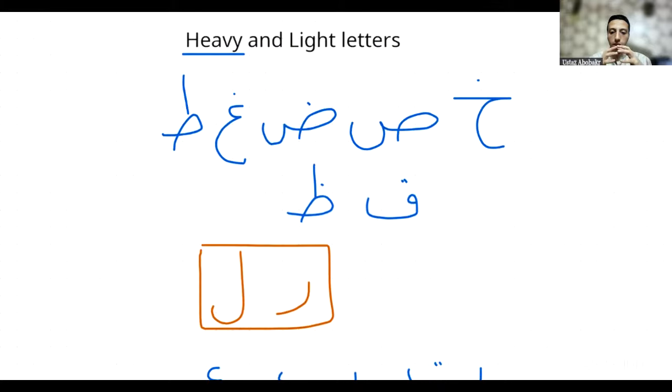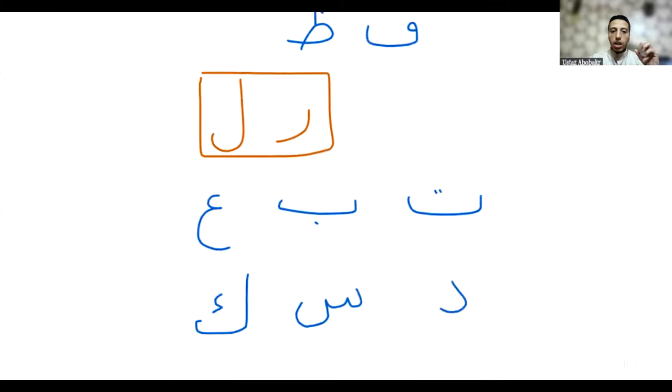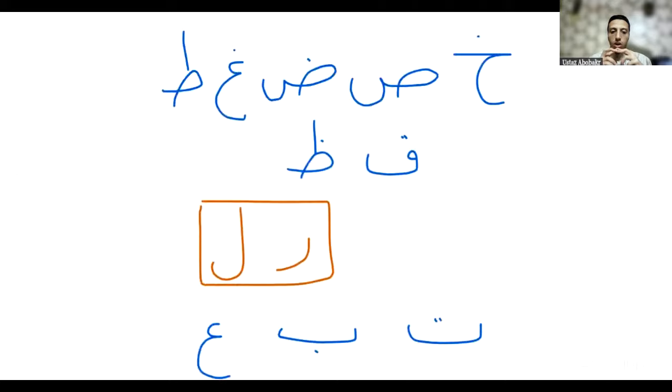They must be light, including the ones we mentioned here, like ta and ba and ain. And we said there's an exception for 2 letters. These are ra and lam. Sometimes they can be light, sometimes they can be heavy. We have special rules for them, which we will talk about in detail, inshallah, in one of our future lessons.